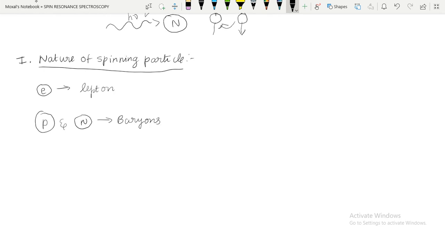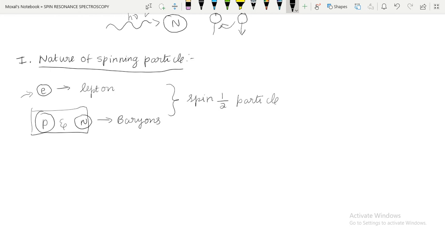Correct. These particles are all spin half particles. Okay, so the protons and neutrons exist in the nucleus and the electron exists outside the nucleus.